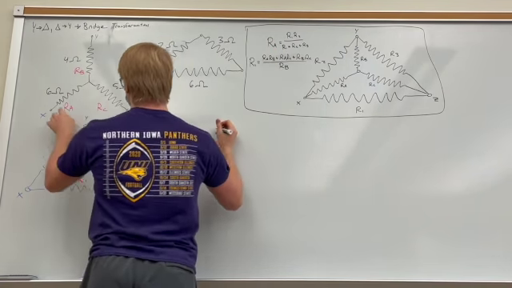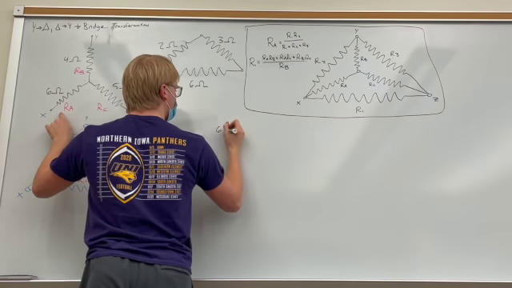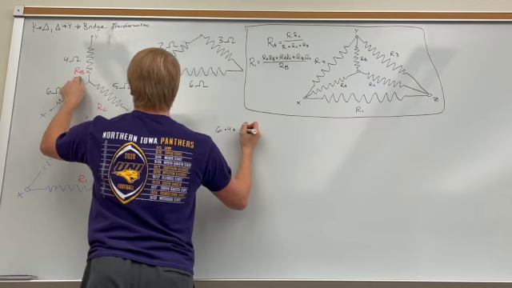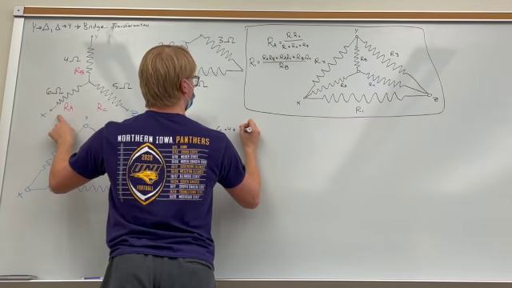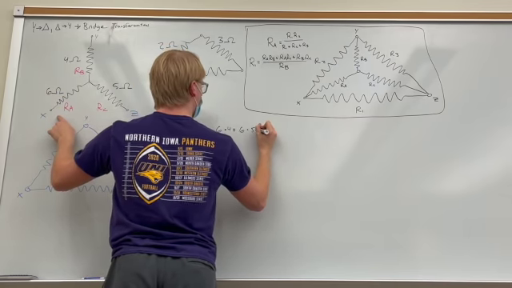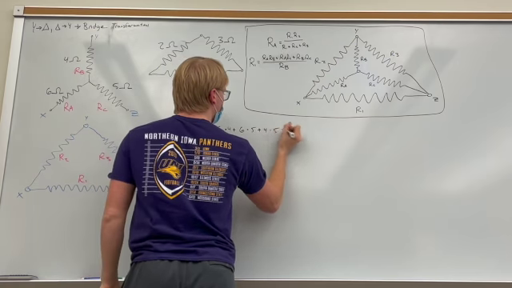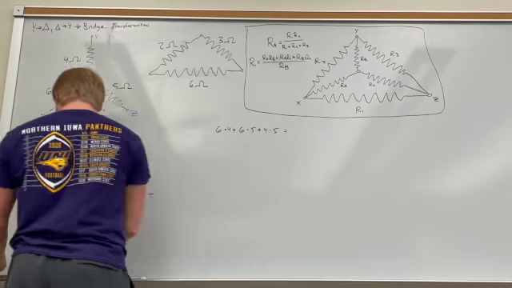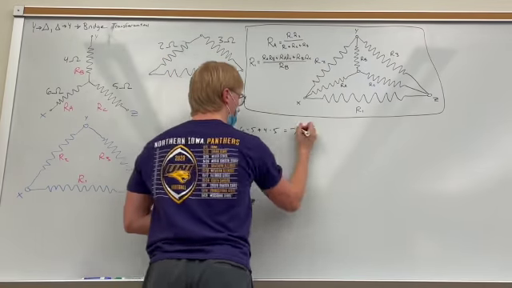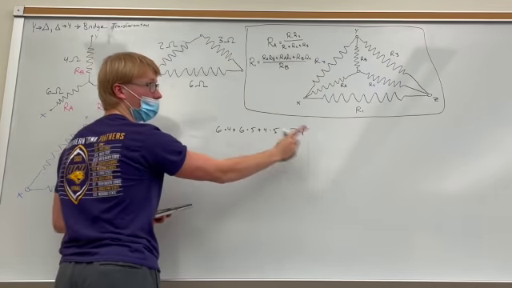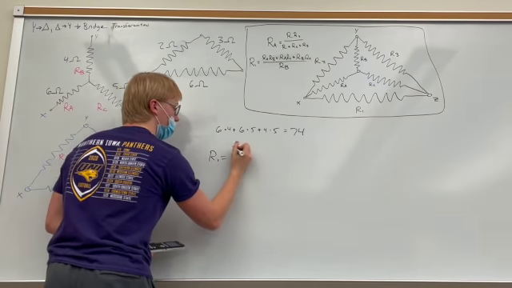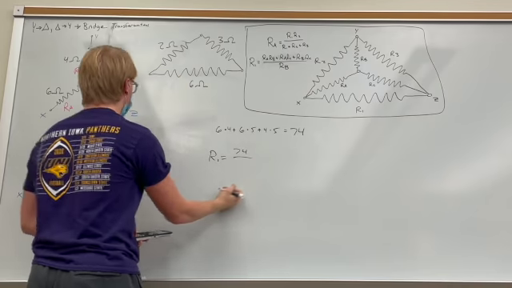So RA is 6 times RB is 4, plus 6 times 5, plus 4 times 5. Right, so that's our numerator for every single one of these. R1 is going to be 74 over its opposite.